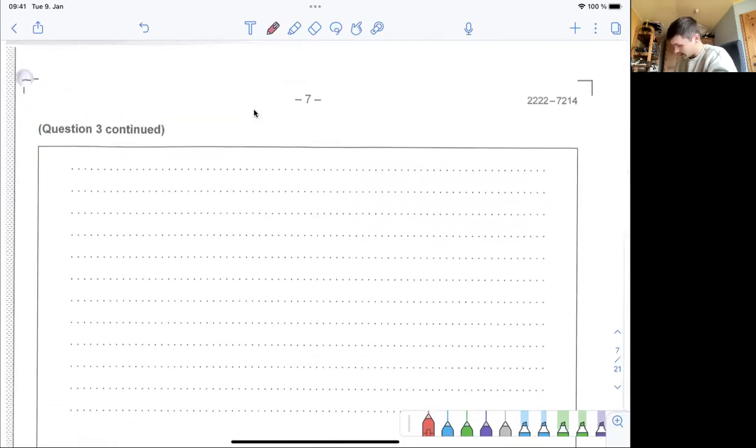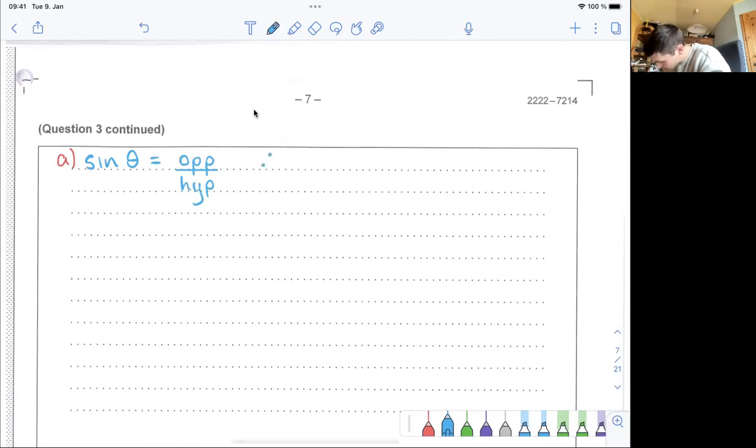So, part A. We should all be familiar with the idea that sine theta is equal to the opposite side to theta divided by the hypotenuse. And therefore, that's what these three dots mean. Theta will equal inverse sine of the opposite side divided by the hypotenuse.